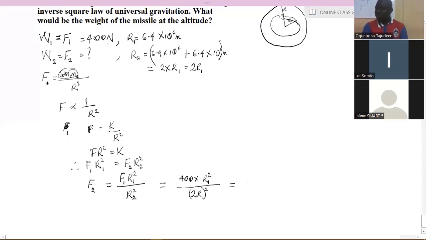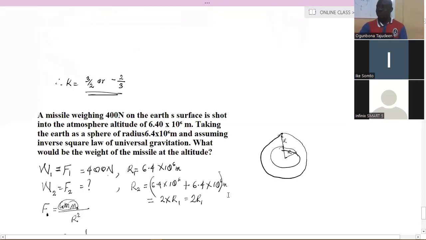The meaning of this is 400 times R1 squared, all divided by 4 R1 squared. R1 squared cancels R1 squared, and we have 100. So the final answer here is 100 Newton. If it is mass, it will now be divided by g, and that will be 10 kilograms. So that is for that one.